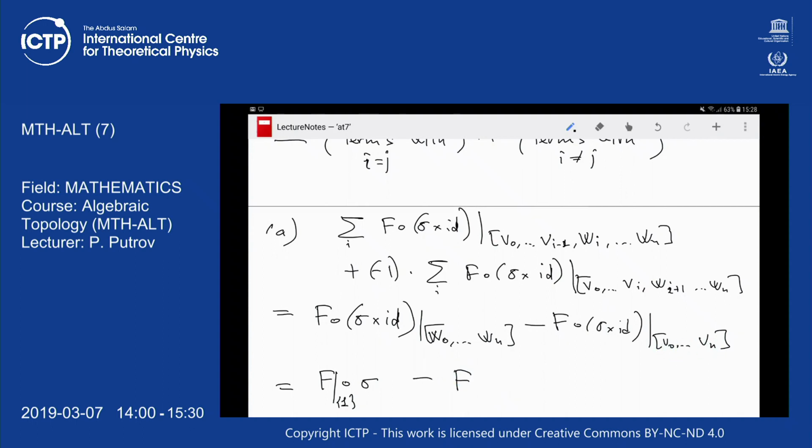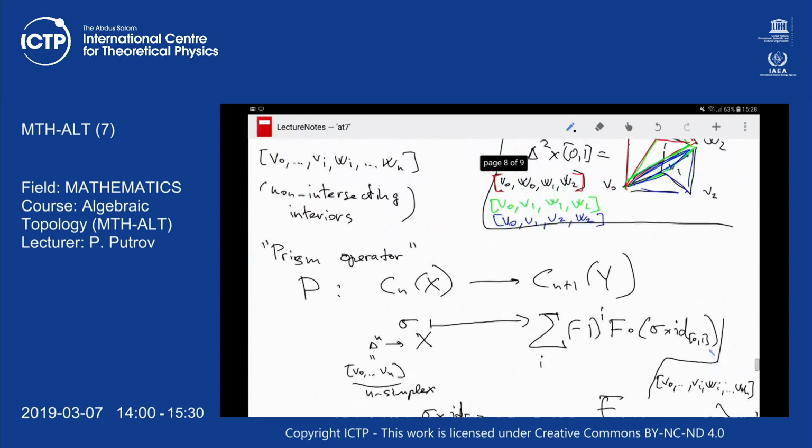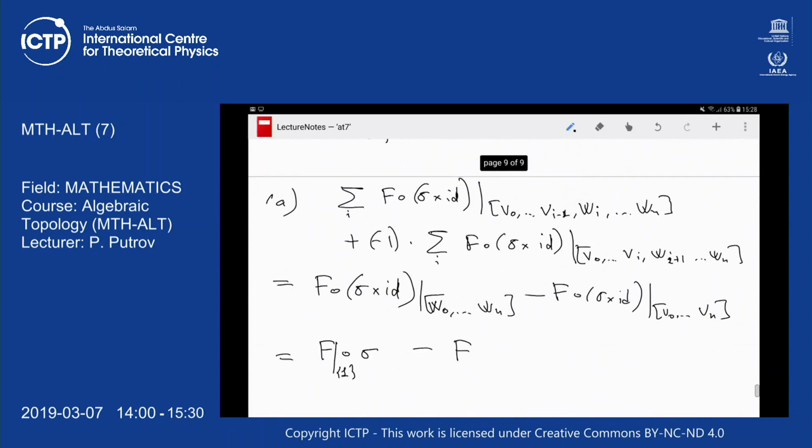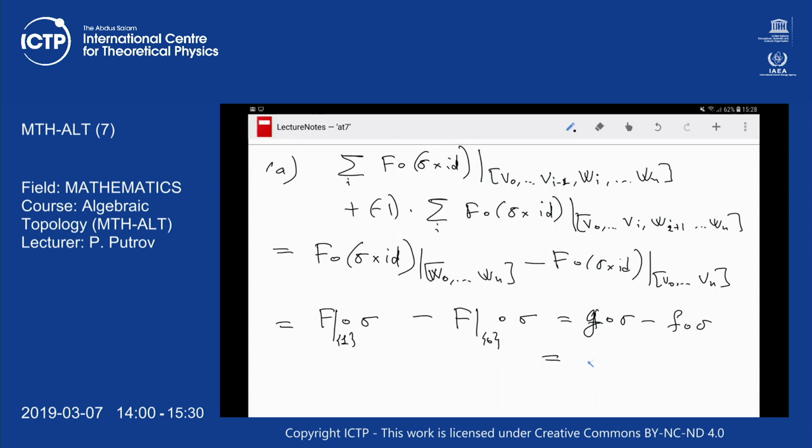This is a subsimplex at the beginning of the interval. So the V simplex is in the beginning, and the W simplex is at the end. So it is the same as F restricted to 0 composed with sigma. And by definition, since F is a homotopy between F and G, this will be G composed with sigma minus F composed with sigma, or the same as G sharp of sigma minus F sharp of sigma.